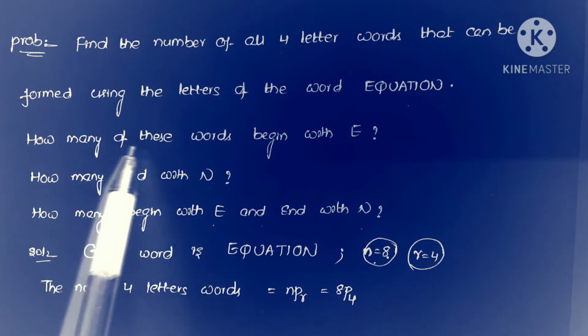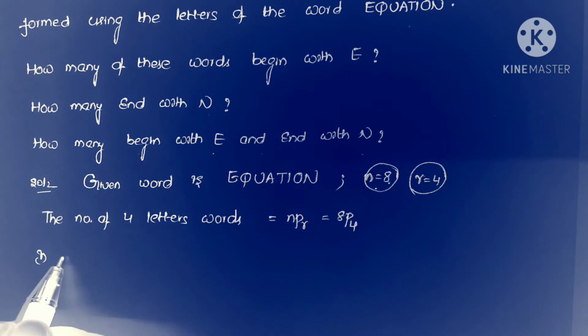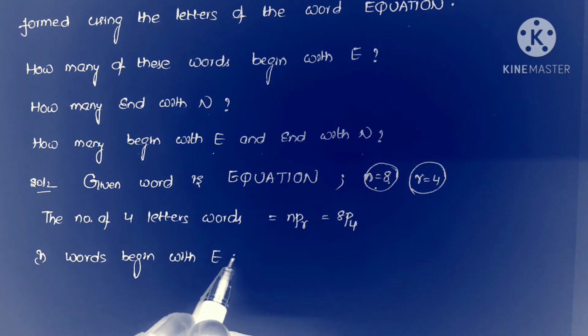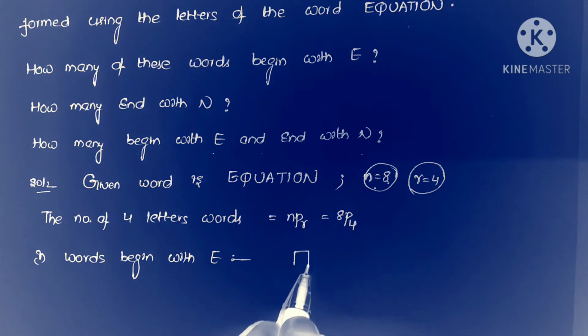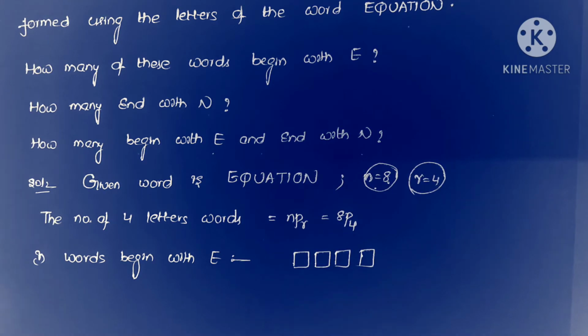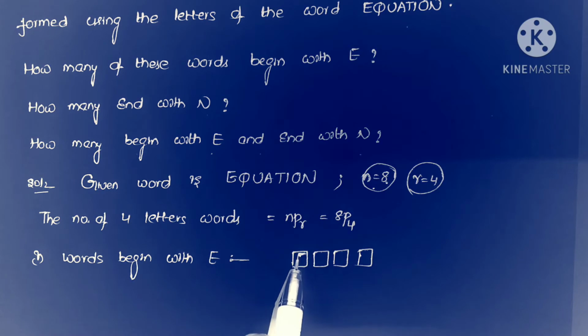And what is the first question? How many of these begin with E? That is, the first case, the words that begin with E. So here we take the 4-letter words; first I take the 4 gaps here, 1, 2, 3, 4. So here we form the 4-letter words beginning with E. Begin with E means first we fix the letter E at the first place.